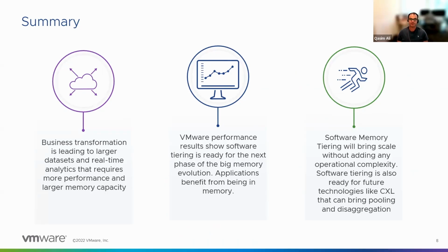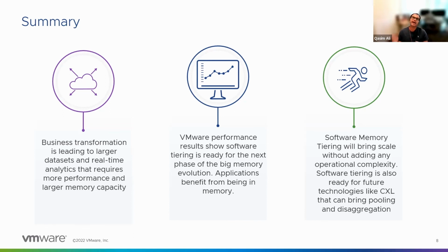Just to finish off what you just said and add on to it, we know that the data sets are increasing, so we do need larger memory, but not at the DRAM cost. We want it cheaper. We want the memory bigger. We want disaggregation. We want pooling of memory.